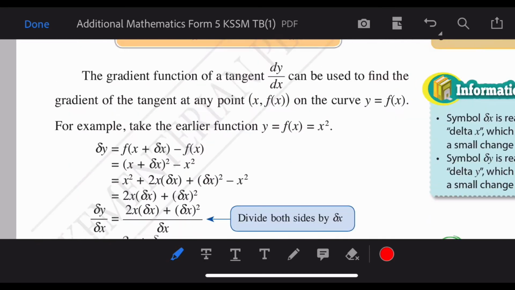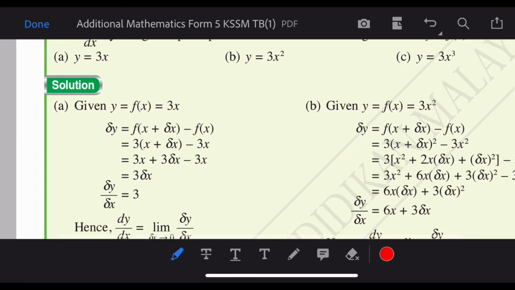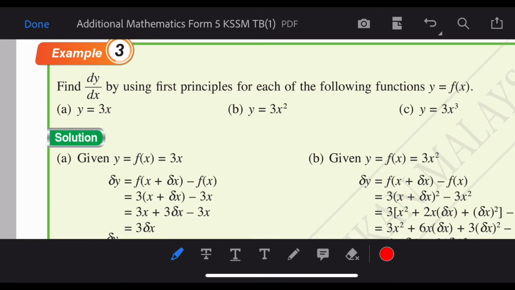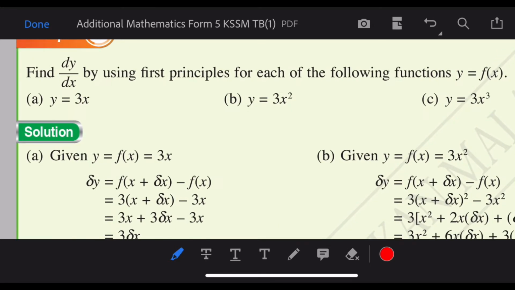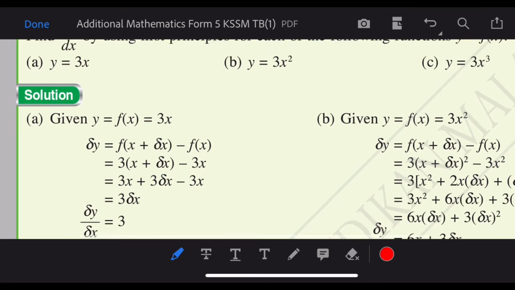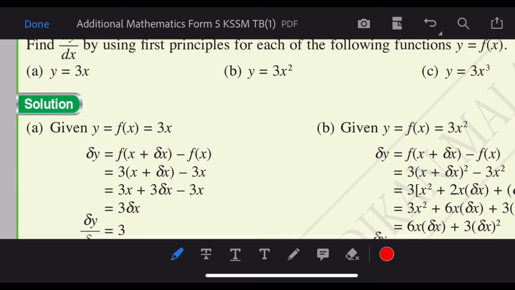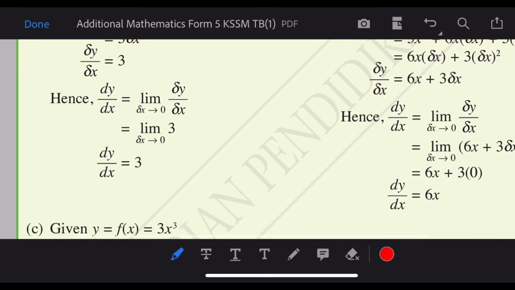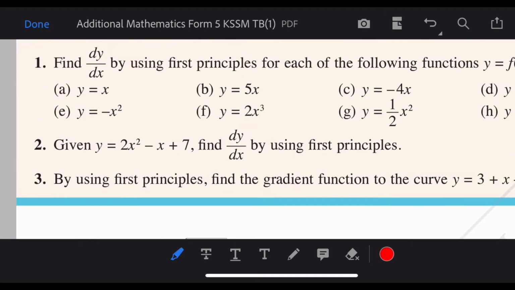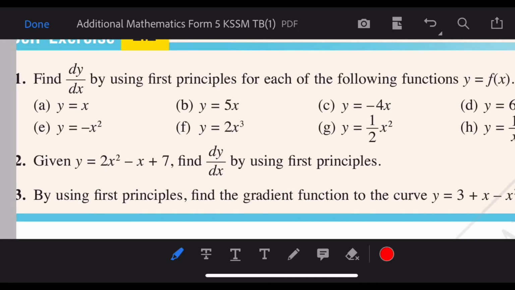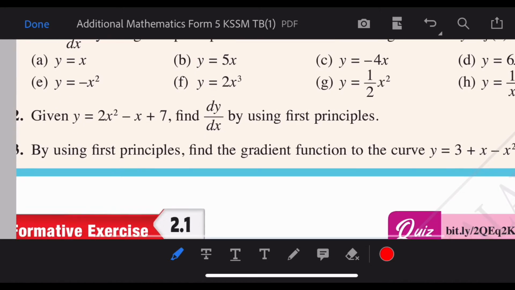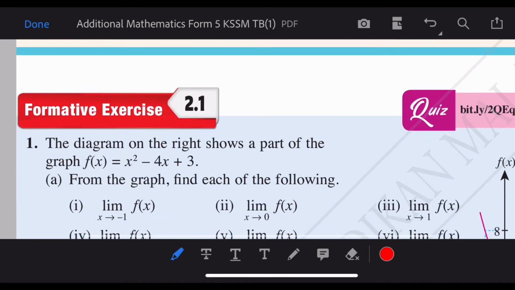Let's go through the basic principle of differentiation. Find dy/dx using the first principle. This one uses the concept of limit to find dy/dx. You can go through this one on your own. So this is using the first principle to find the first derivative. The first derivative also means dy/dx.